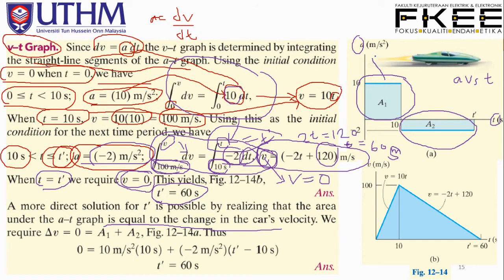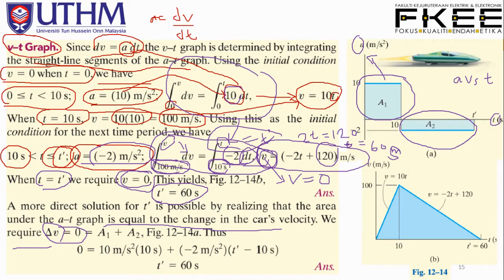So we require the change of v equal to 0. This is the condition, and this is equal to A1 plus A2, the area under graph number 1 and graph number 2.